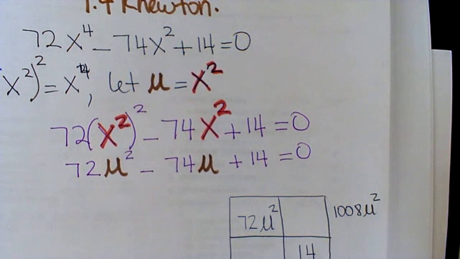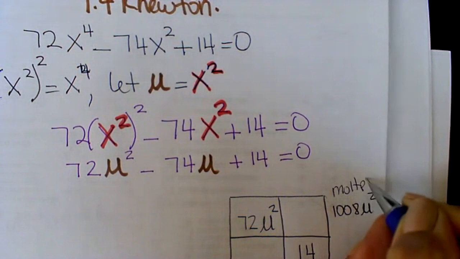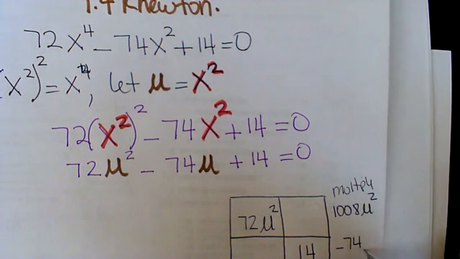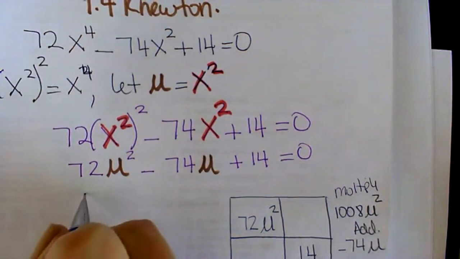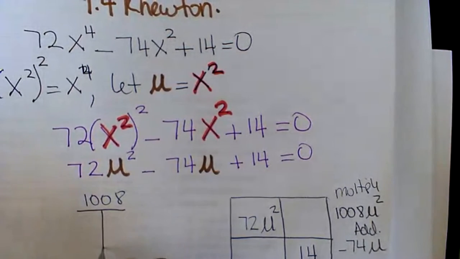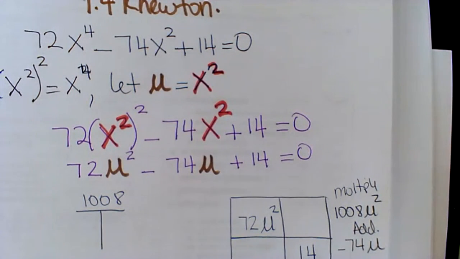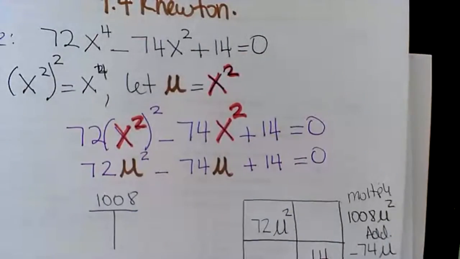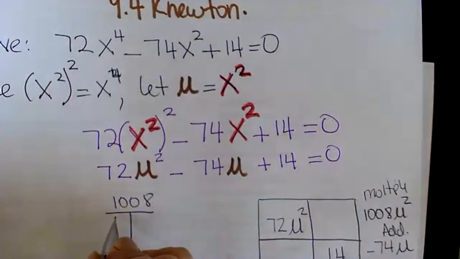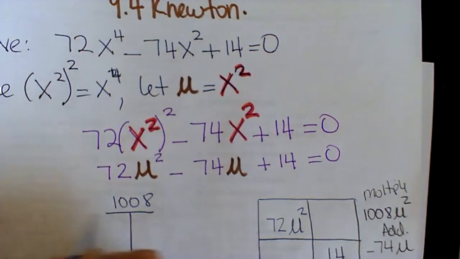Let me do it again. 72 times 14. Yes. And when we add it, we get 74u. 1008. Wow.